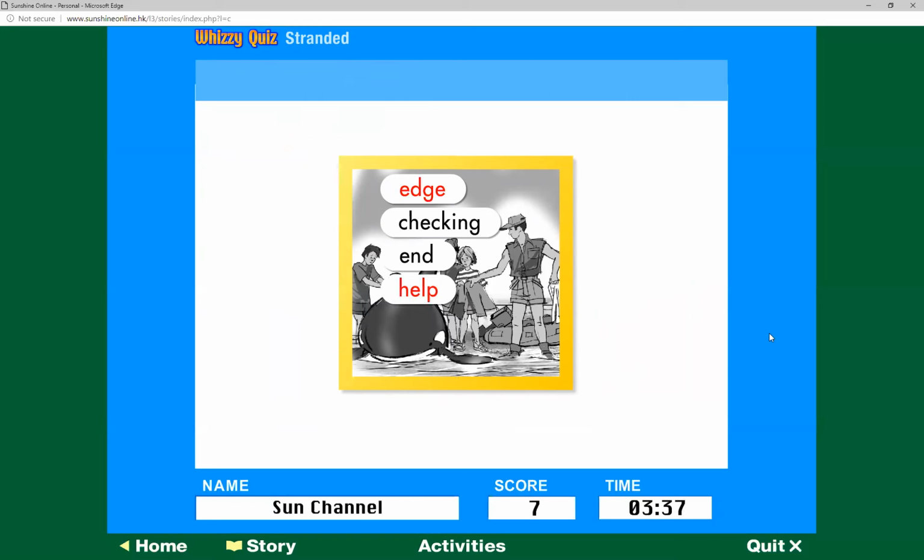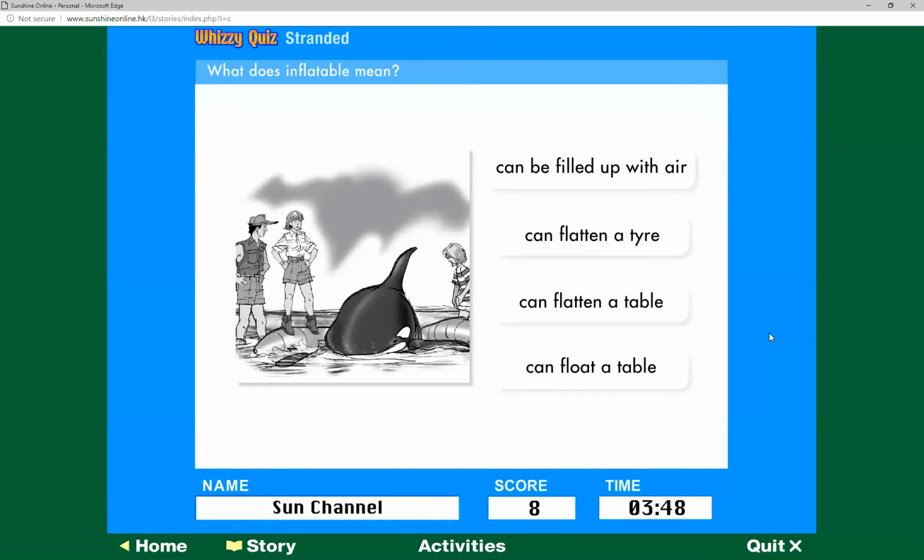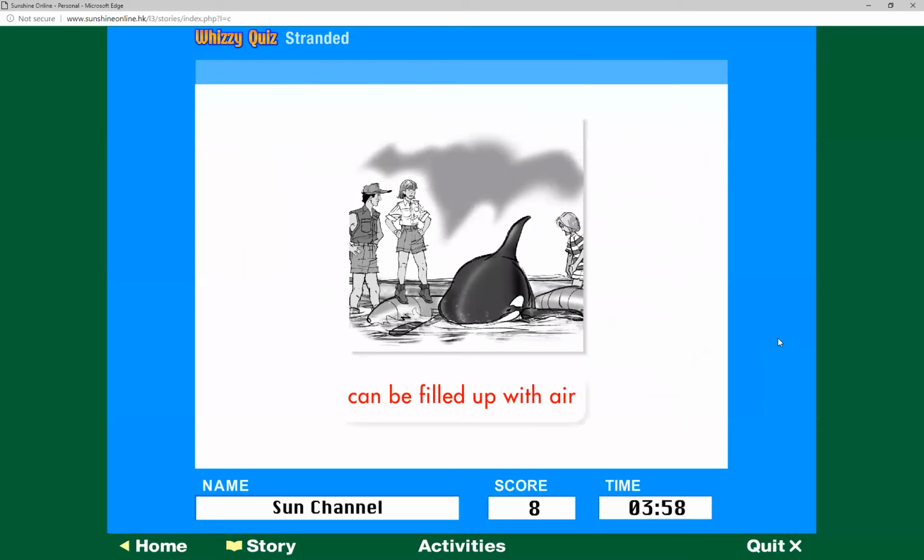Help, edge, checking and end have the short E vowel sound, as in the word get. Good work. What does inflatable mean? Yes, inflatable means can be filled up with air.